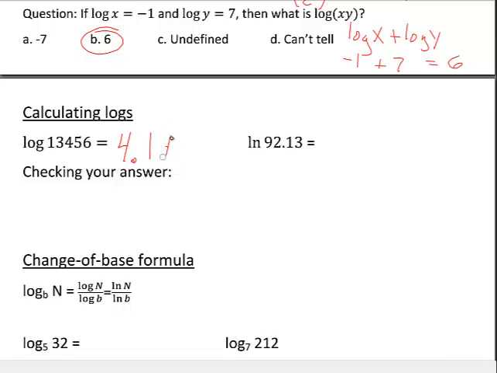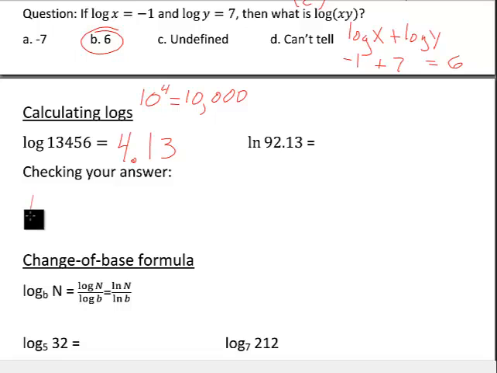But if you do some rounding, you're going to see it's 4.13. Okay, so that should make a little bit of sense. 10 to the 4th is 10,000. 10 to the 5th is 100,000, and 13,000 is a lot closer to 10,000. So the answer is closer to 4 than it is 5.